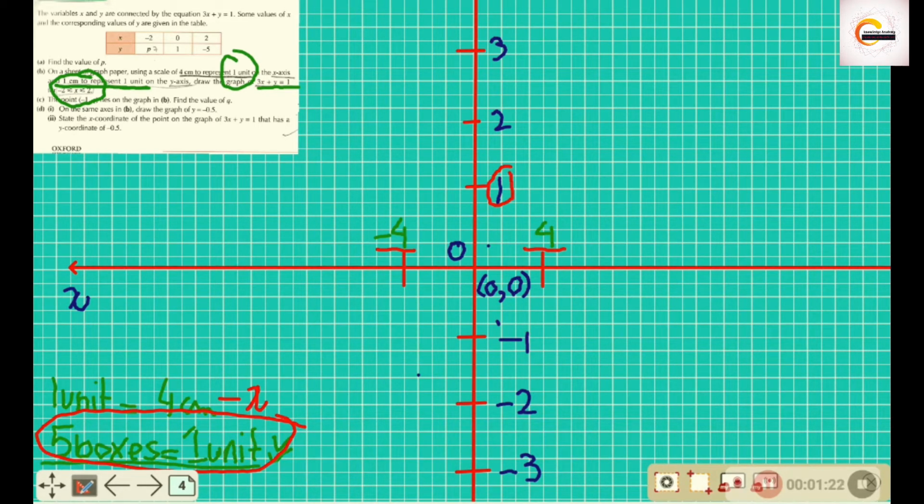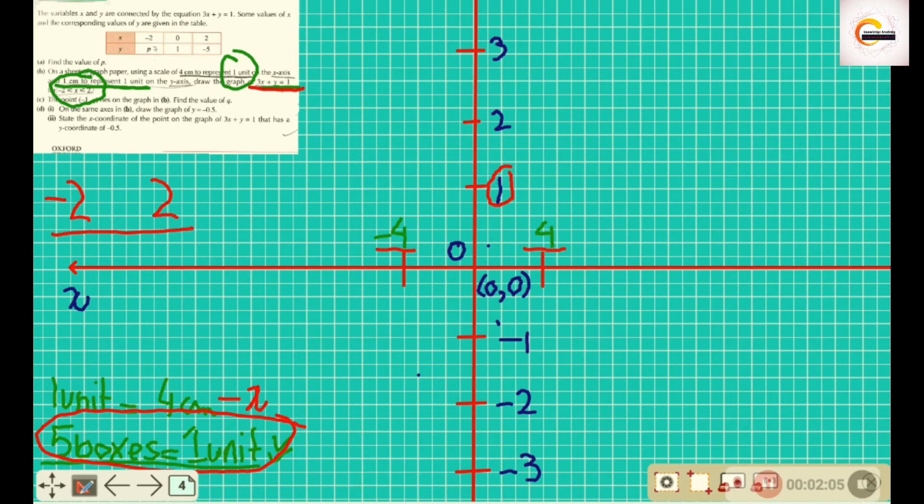All right, now what is the meaning of this? We have to draw a graph of this equation for the values of x which are greater than or equal to -2 and less than or equal to 2. So what you have to do is just plot a graph between -2 and 2.